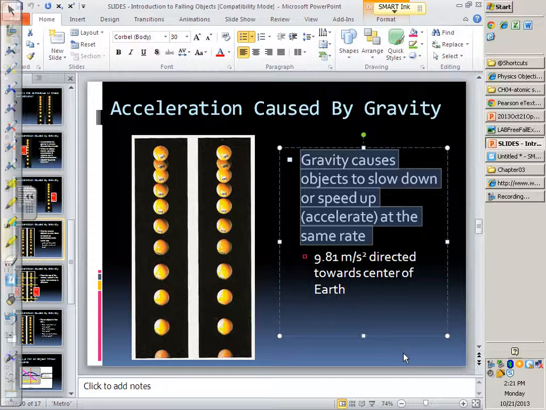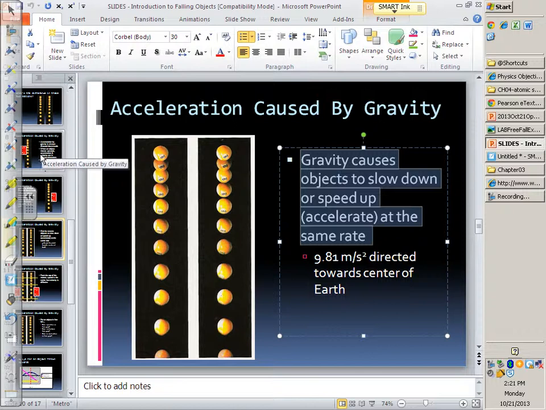But what that does to the motion of the object depends on what the object is doing. So gravity can cause an object to slow down or speed up, any kind of acceleration at the same rate. So if we talk specifically about the up trip, okay, and we talked about this on Thursday, we may not have shown you this slide, but we definitely talked about these things.